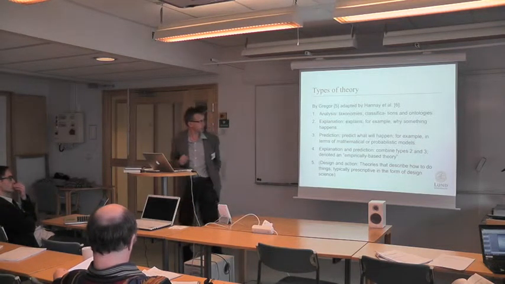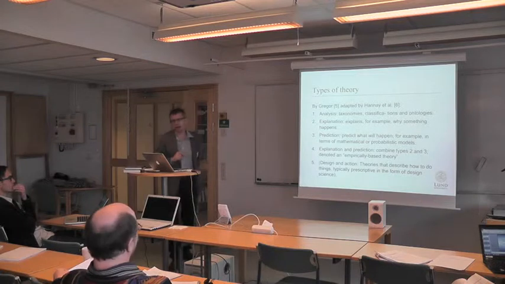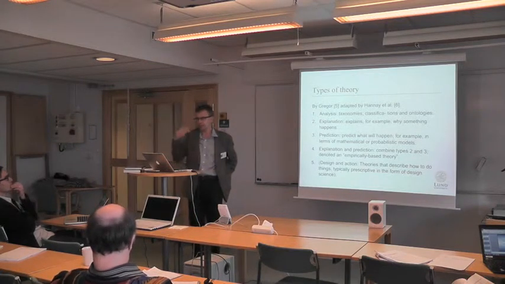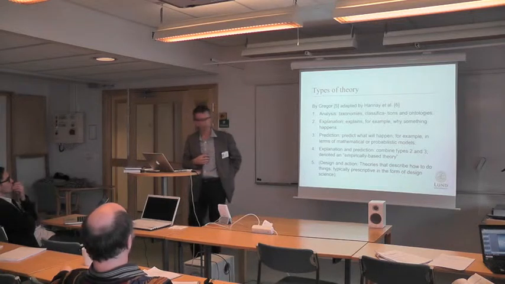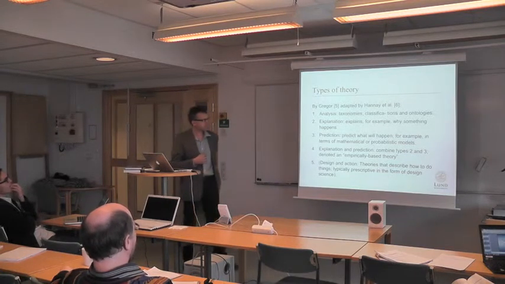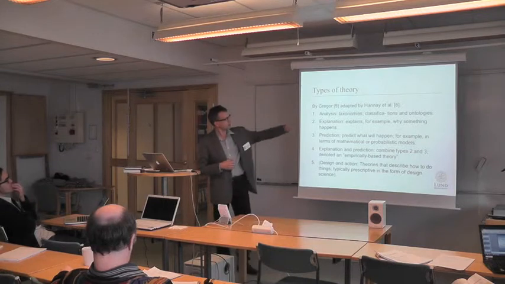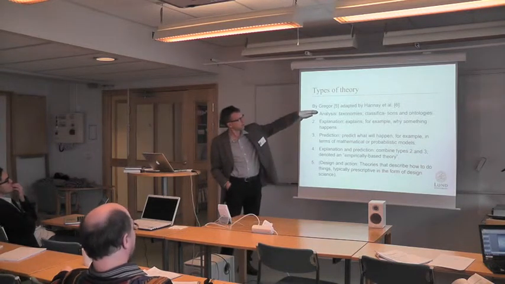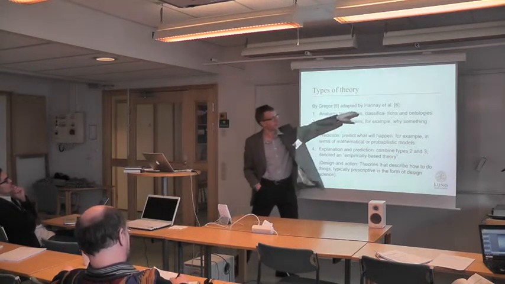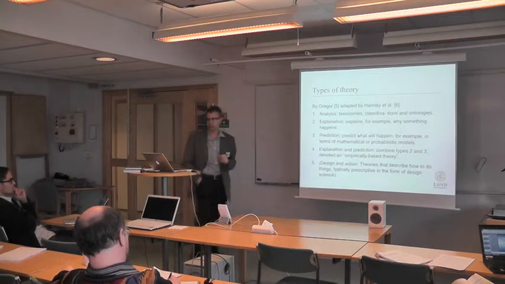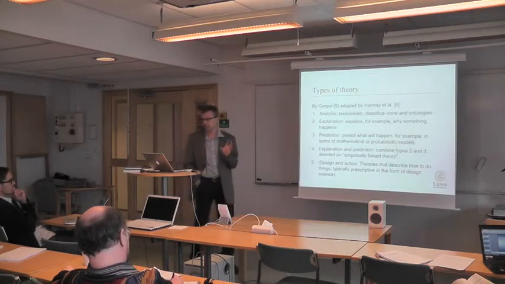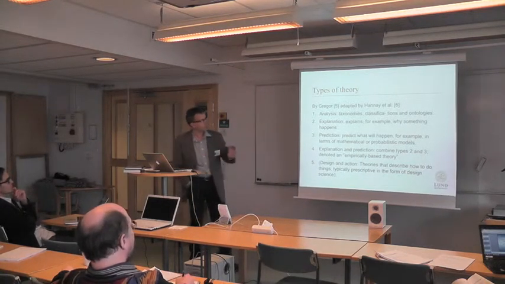We'll take that later. So, given this, when I started thinking about this, what types of theory do exist? There is a taxonomy by Gregor, which in this systematic literature review was adapted slightly to software engineering by Hanai.